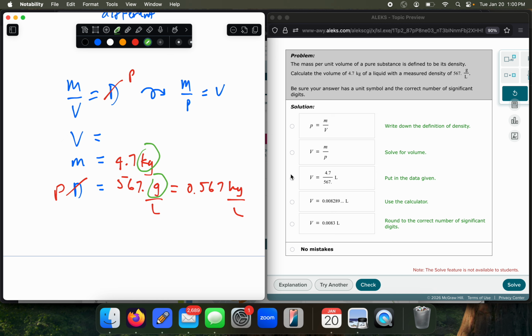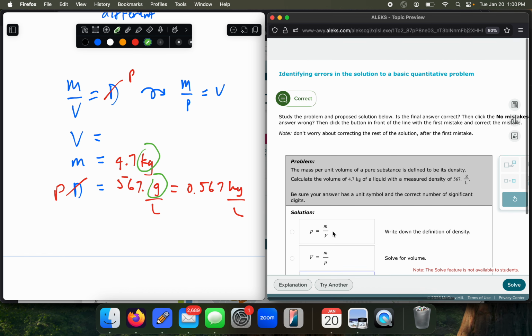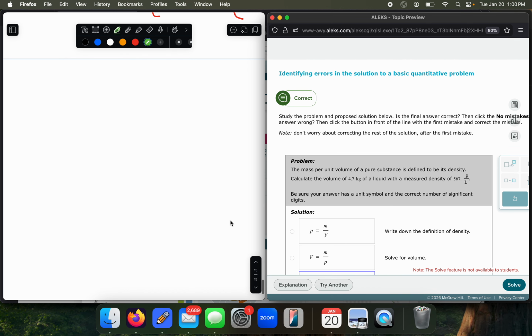So this is a problem. I'm not exactly sure what I'm going to get here. They say fix it. Well, I'm going to say 0.567 and see if they give that to me. Check. Okay, they liked it.